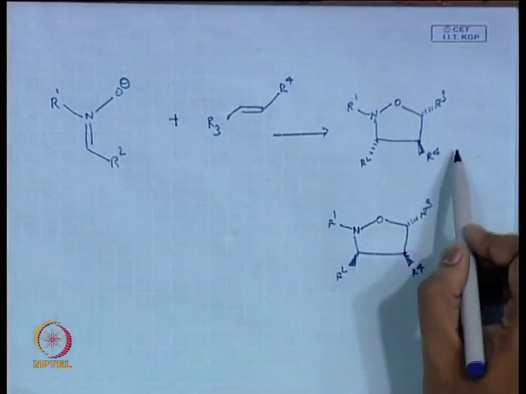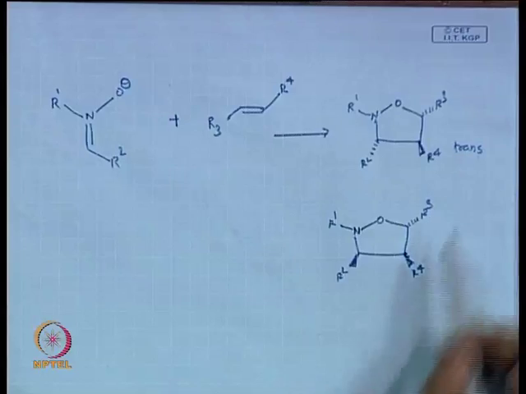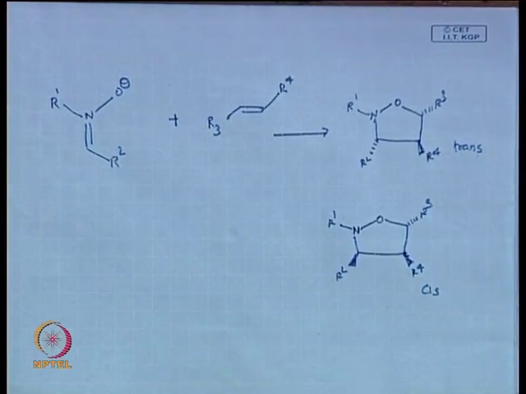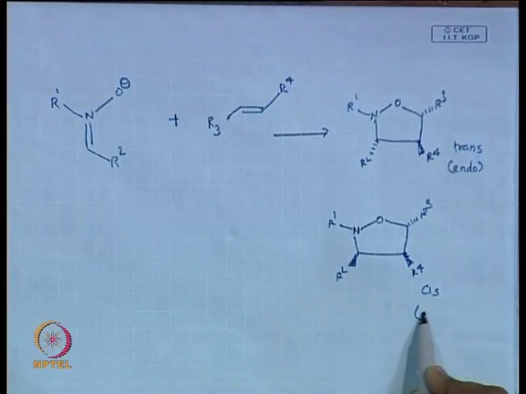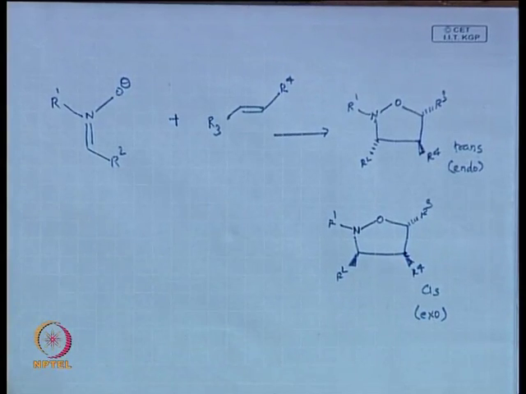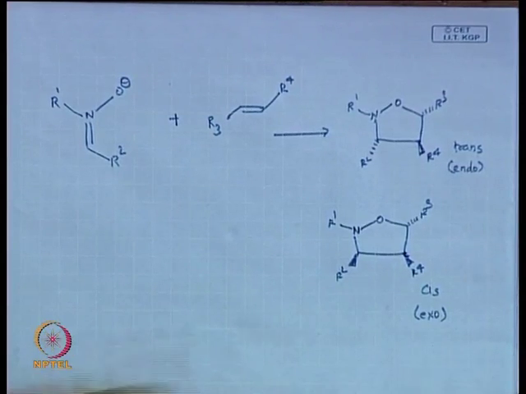One is trans of this, another cis. So, this comes out from endo if you write, and this will be from your exo. Okay. Cis comes most of the time from your exo and trans from your endo. Fine.